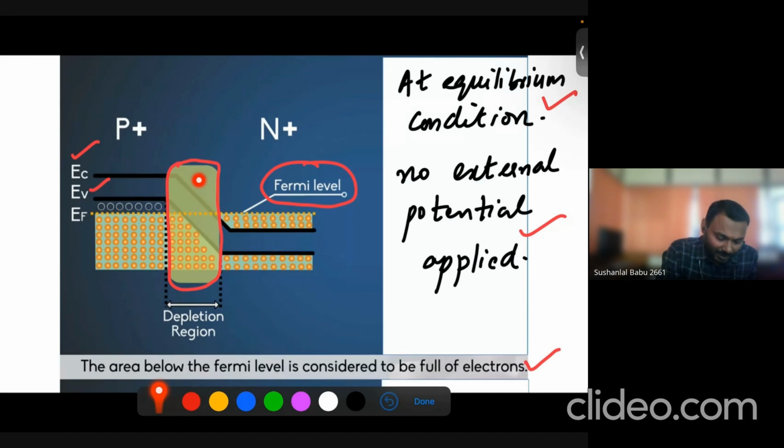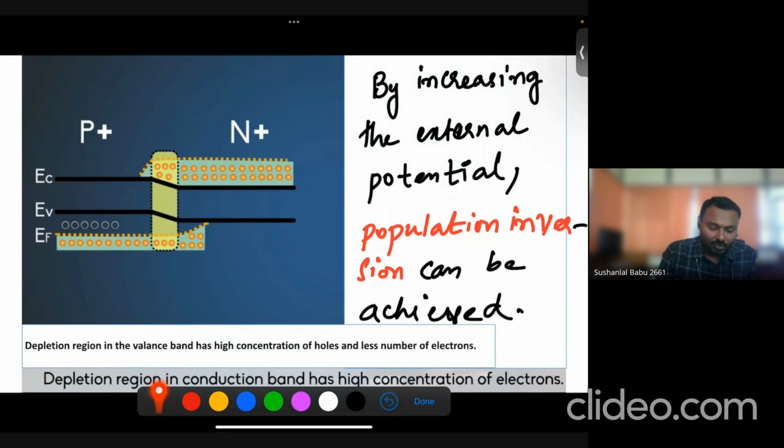We will reduce the width of this depletion region with the help of an external source. Now in this situation we can see the slope reduced. That means the width of the depletion region is reduced after applying the external potential, so that the semiconductor is forward biased.